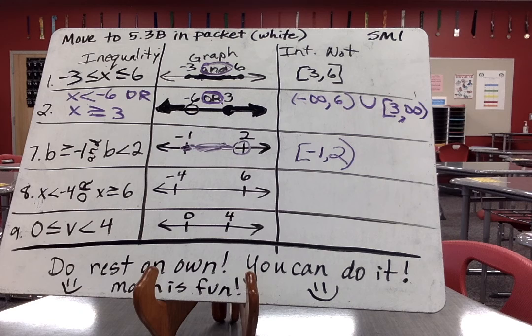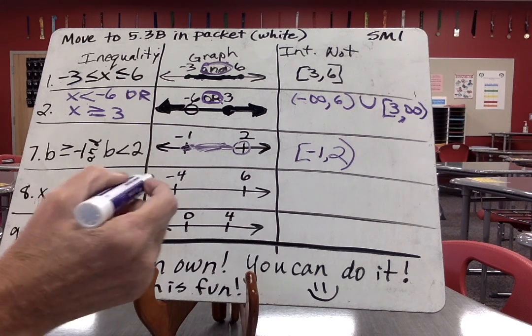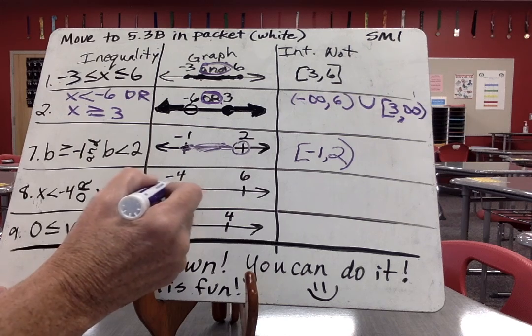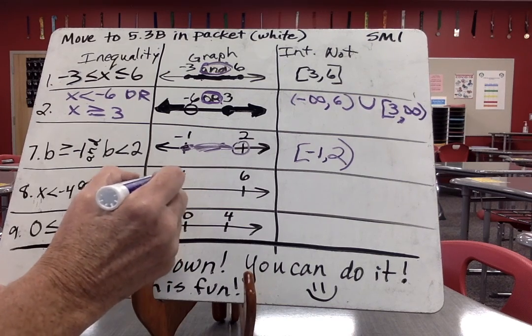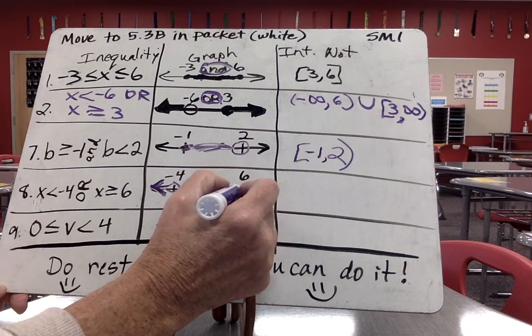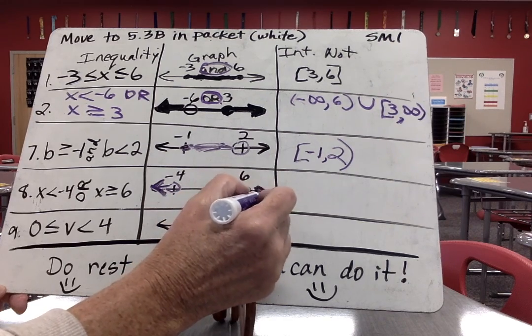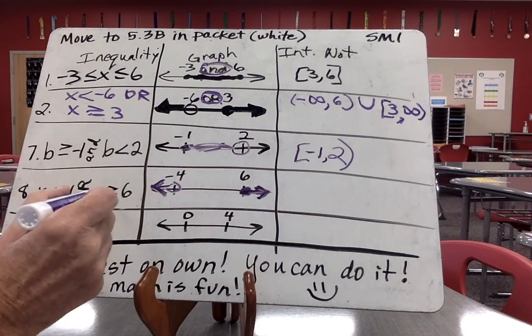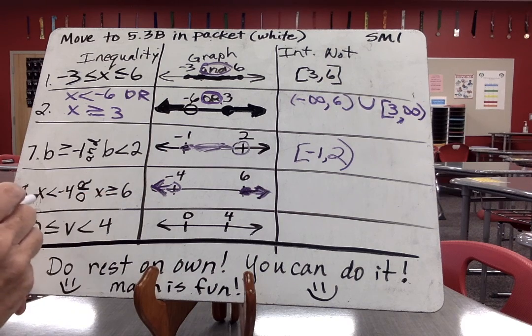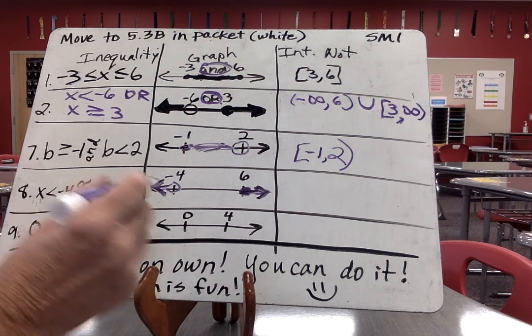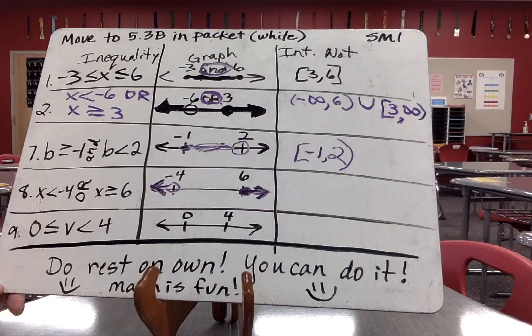Okay, next one. X is less than -4, or x is greater than or equal to 6. So it's an or, and see, your first question is open or closed dots. This tells you whether it's an or equal to. This one's just less than, so open, and closed for the other, and that's the way it's shaded.